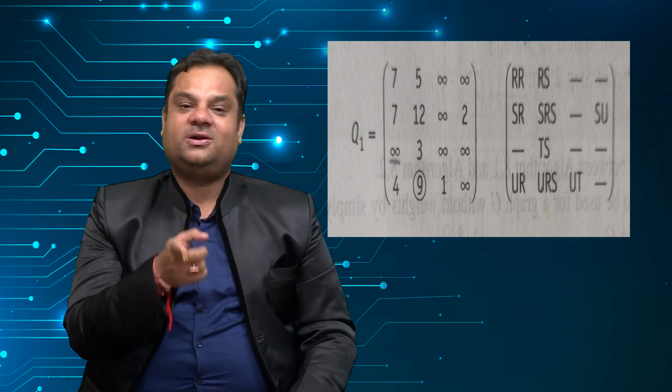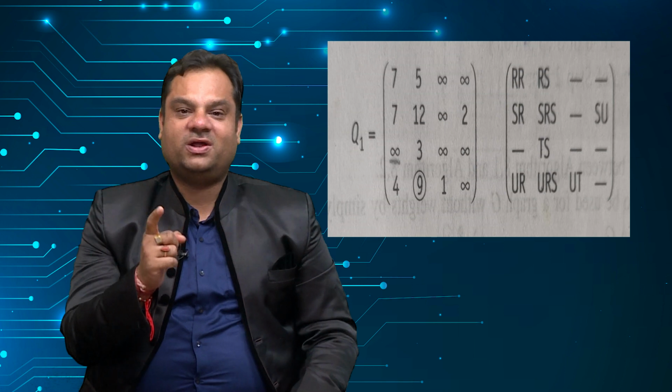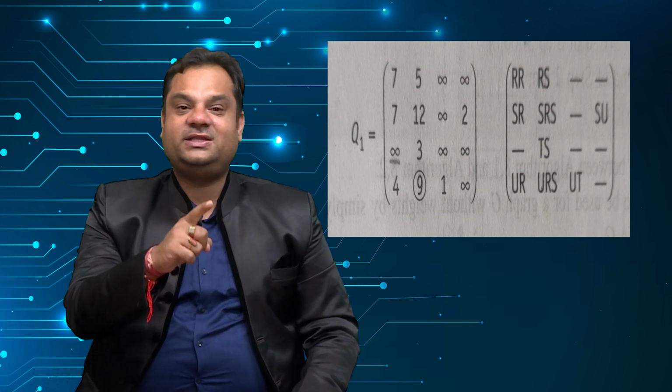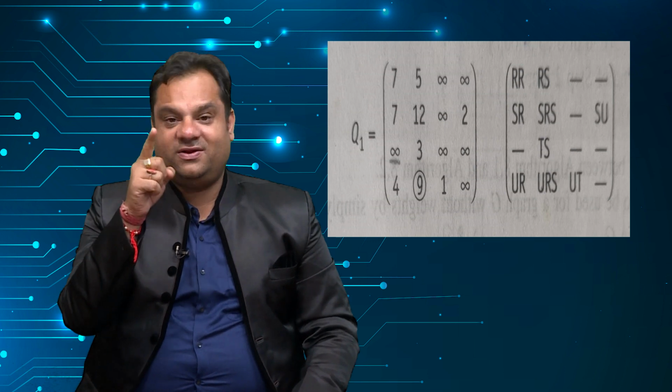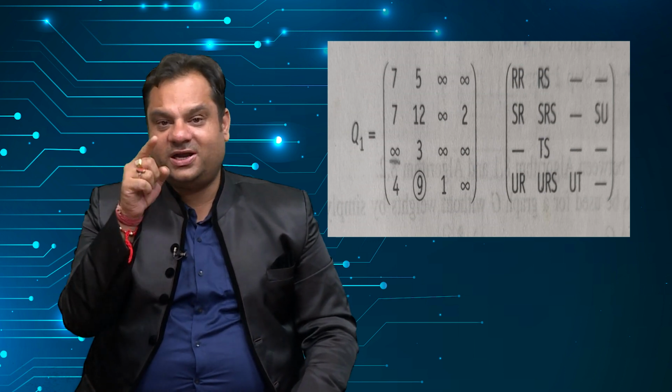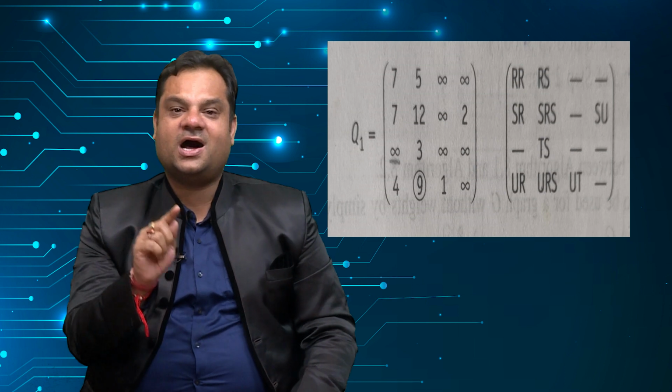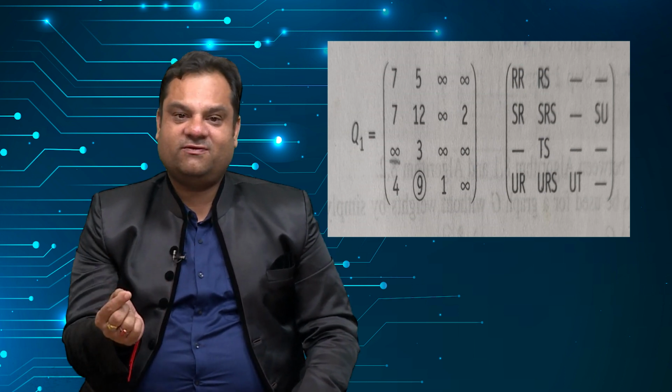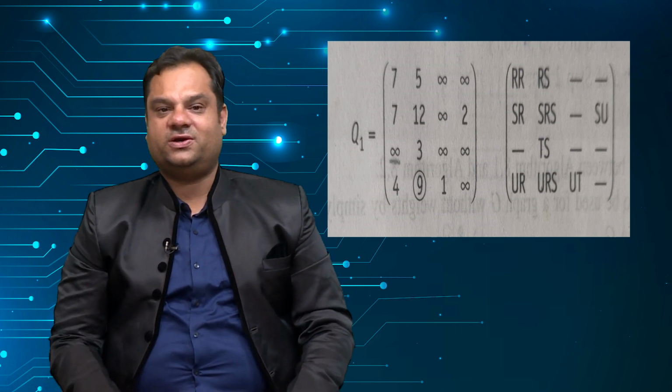That's why we can write 12, replacing the infinite value. Now we also write in the path matrix where we had a dash in the previous one. Right now we write S, R, S: S to R, R to S. By this travel we can write the new value 12.